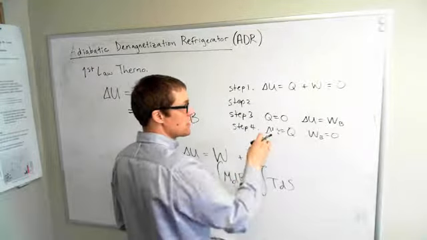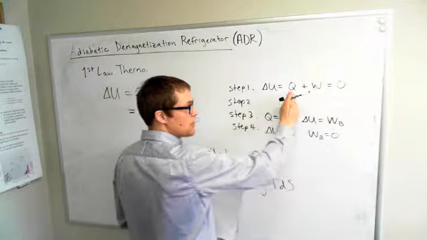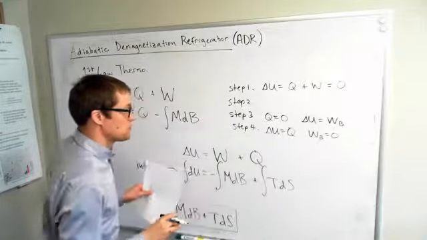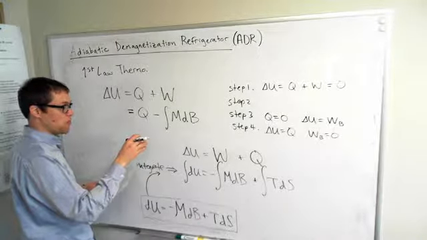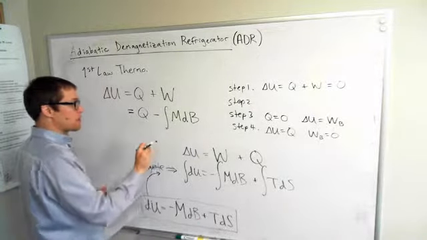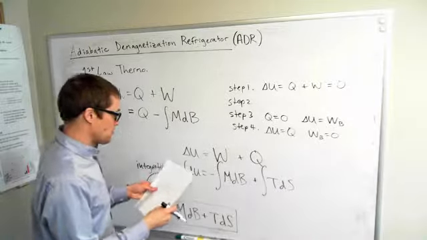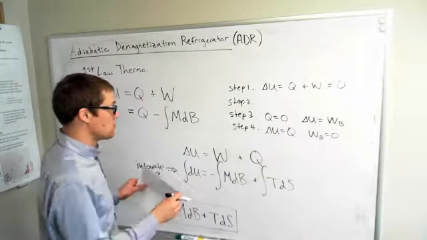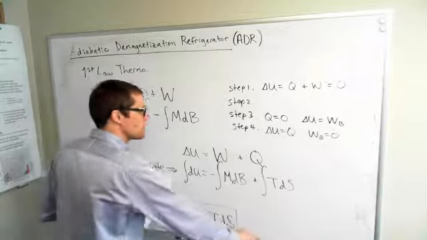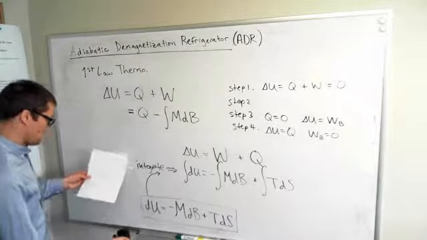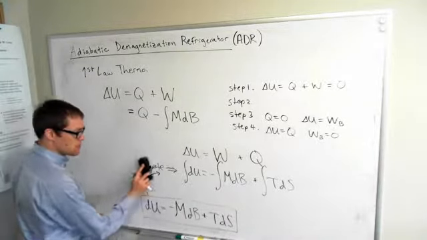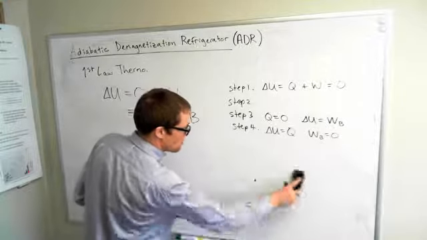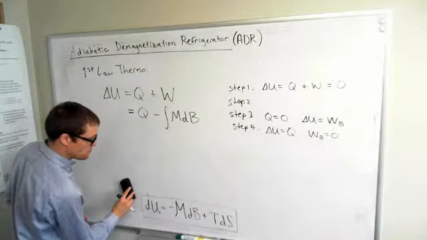We keep temperature fixed, so there's no change in energy, so Q is equal to minus W. So all the energy that we are dumping in by doing magnetic work is being dumped out into the heat sink directly. Okay, so that's just some of the tools we need to understand what's happening here.